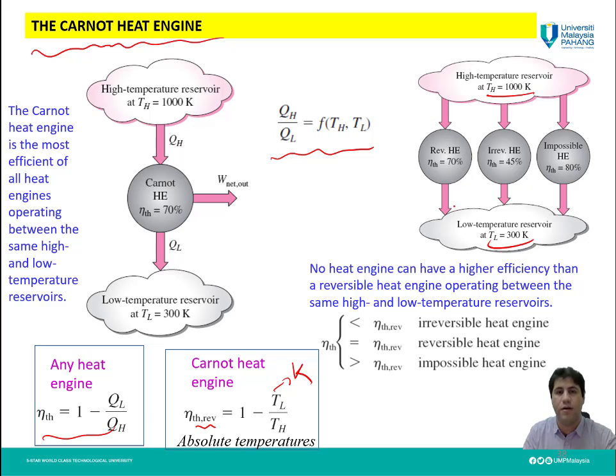Then if the thermal efficiency of the reversible heat engine is 70%, for any other heat engine, thermal efficiency should be lower than 70%. And we cannot have any heat engine with a thermal efficiency higher than this thermal efficiency, which is for a reversible or a Carnot heat engine actually.